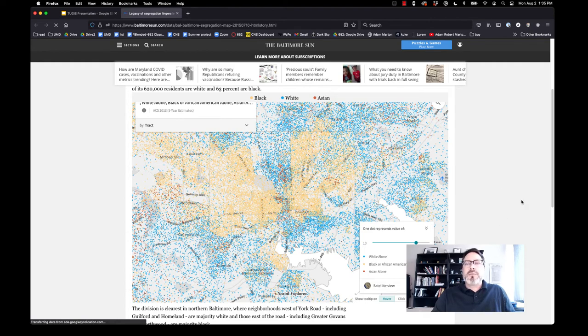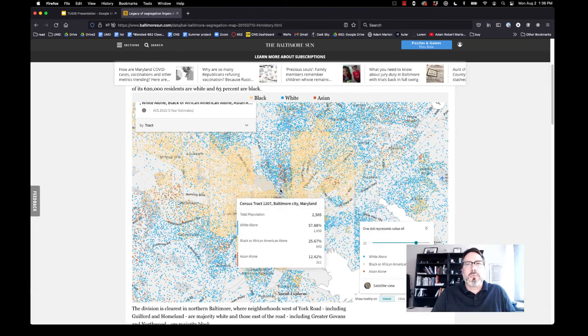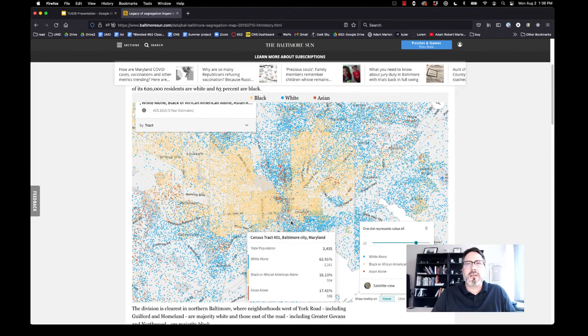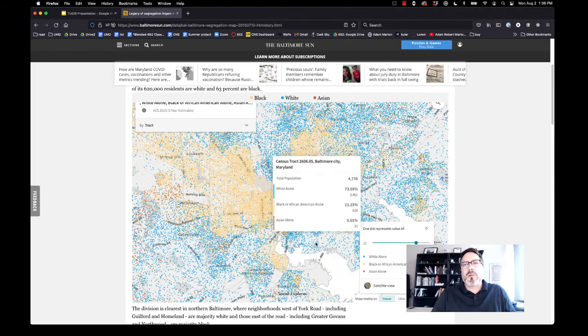But what this map shows is different racial populations living in Baltimore City and in surrounding suburbs. So white dots equal white population, yellow dots equal black population, and red dots equal Asian population. And this really clearly illustrates what is often called Baltimore's white L, that runs from North Baltimore down through the center of the city, then around South Baltimore in the water.